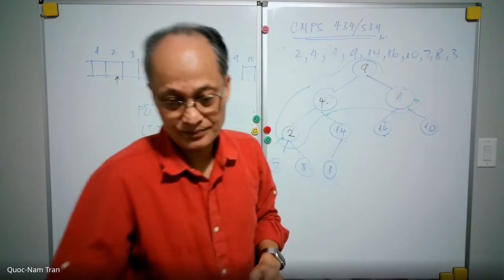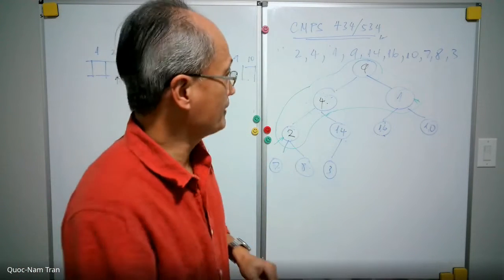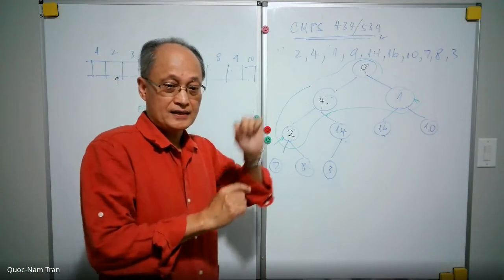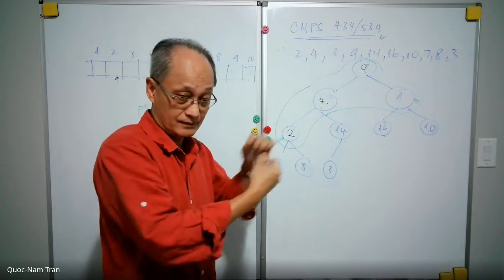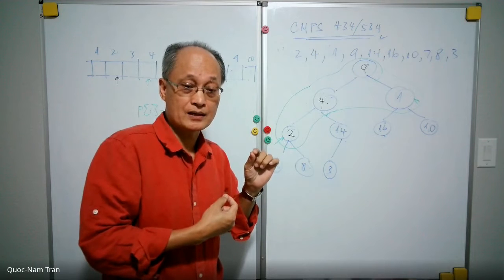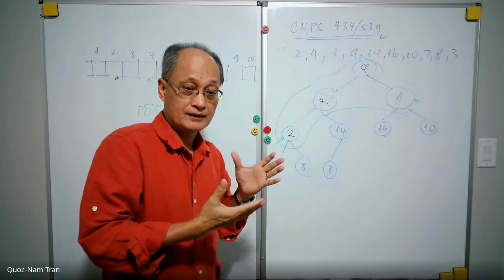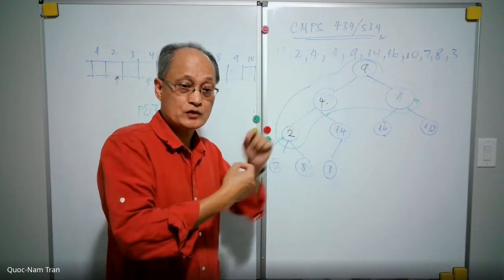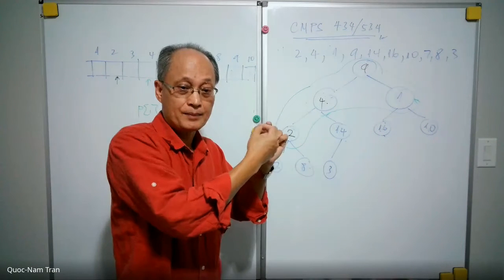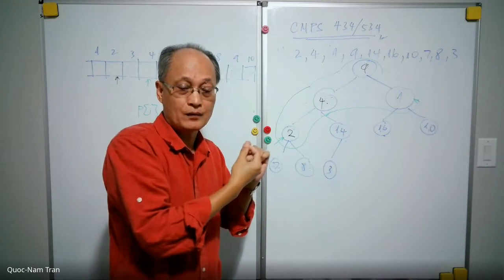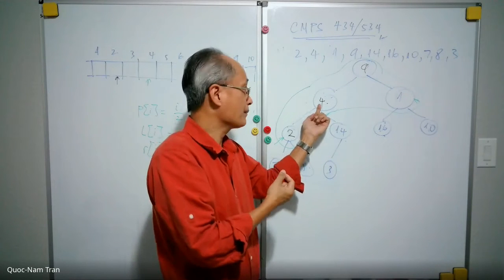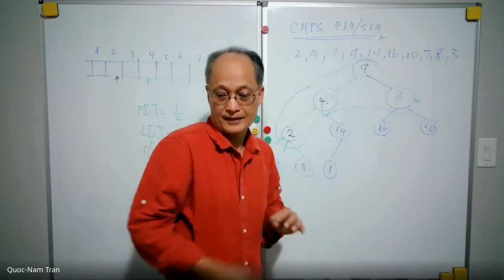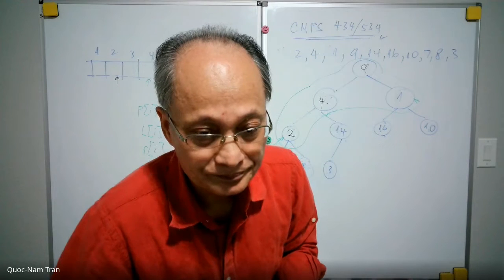So it's very simple, and reheap up involves finding the parent, compare, and if the newly added value is smaller, that is fine. If it's bigger, we swap, right? And if the parent is greater than 1, meaning the parent is not the root, we have to continue, right? So that is the idea.